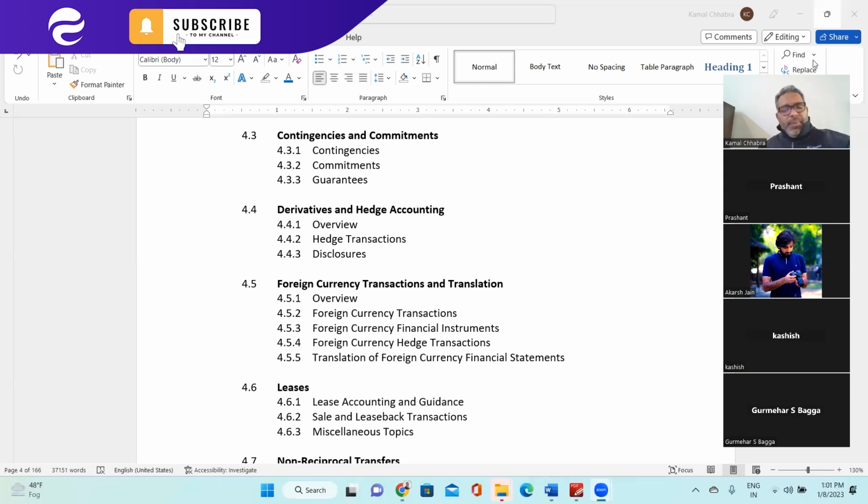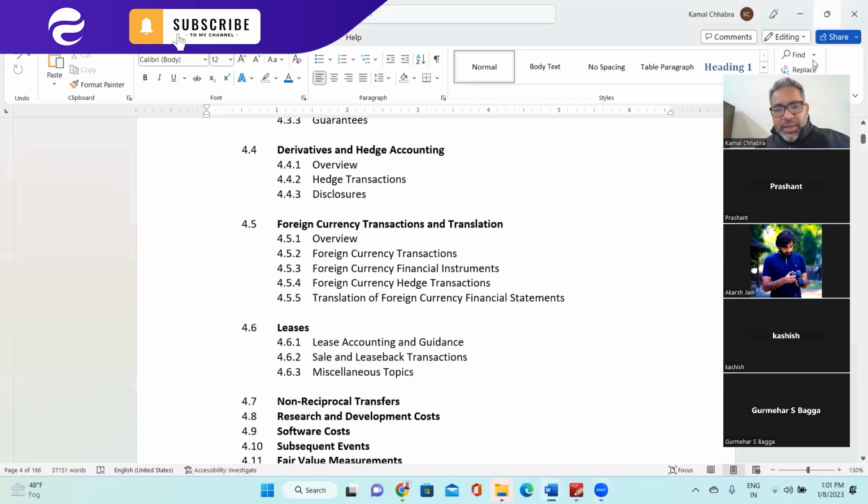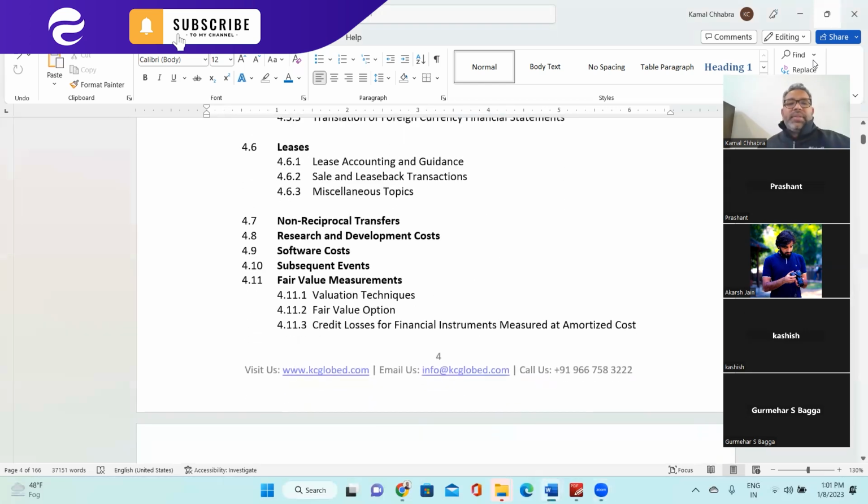Next topic we'll be understanding is the lease. So lease, there's a new accounting standard of lease that came effective from 2020, which is called ASC 842. So there we'll be understanding accounting of lease and the guidance. What all leases are considered as a finance lease?